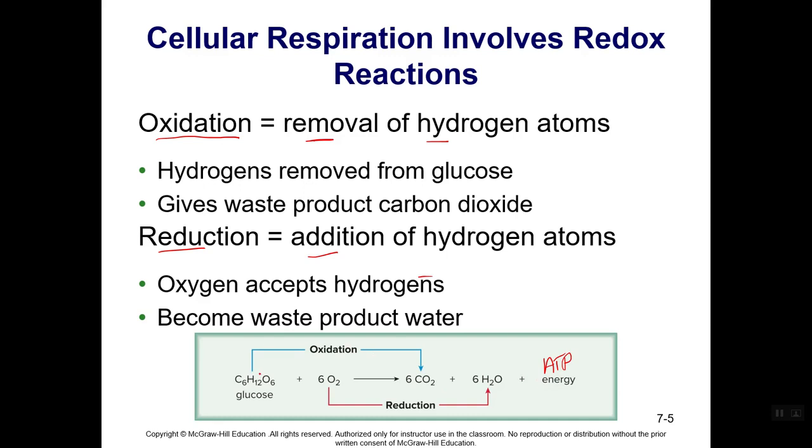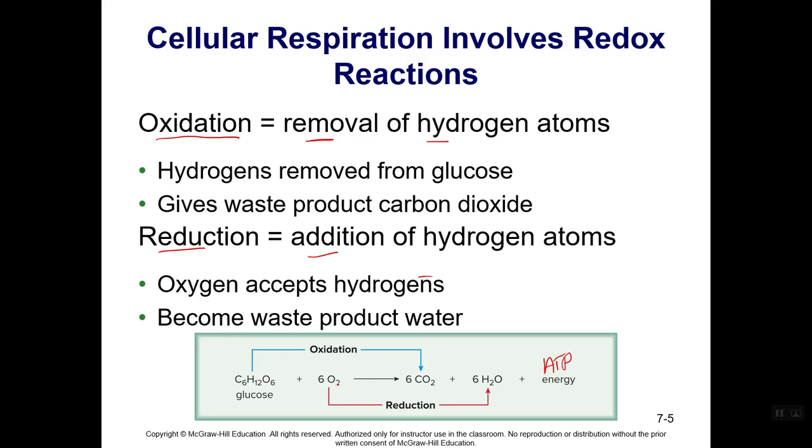So in the oxidation part, oxidation is where we are going to remove hydrogens. The hydrogens are going to be removed from glucose. And those hydrogens will be used to form water after they're removed from glucose. In the reduction phases of cellular respiration, we will have addition of hydrogen atoms.